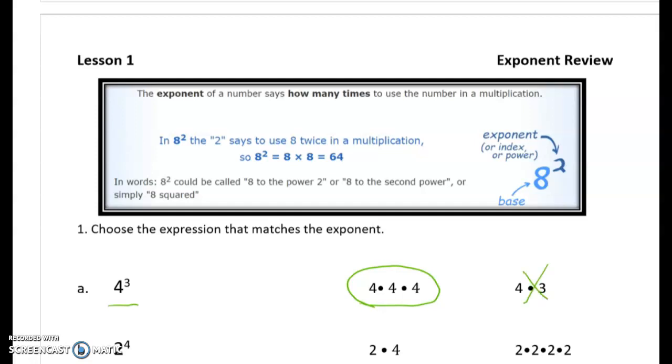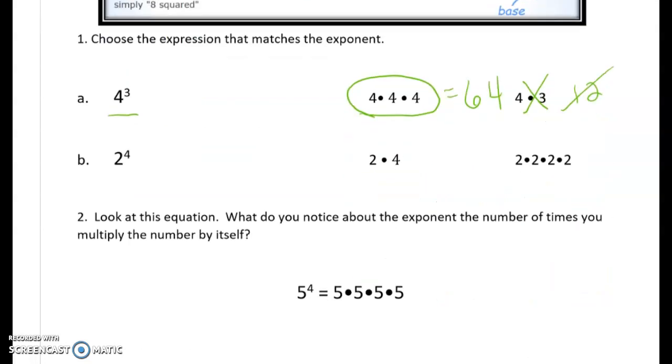So 4 times 4 times 4, if you put it in your calculator, it will equal 64, not 12. Okay? So moving on to B, 2 to the fourth power, how would that look?